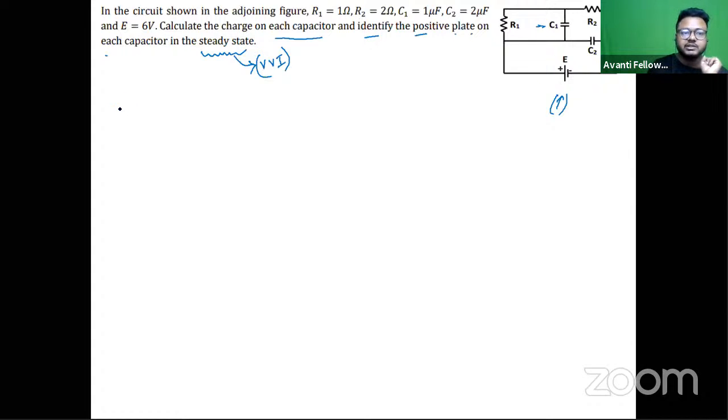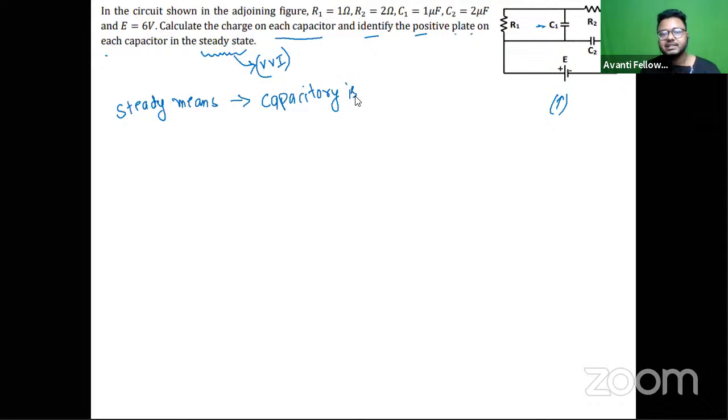So steady state means you can understand that the capacitor is fully charged.